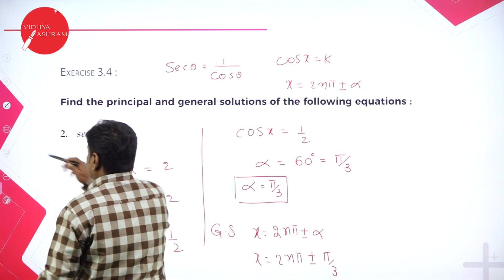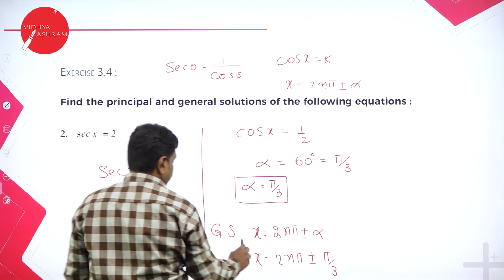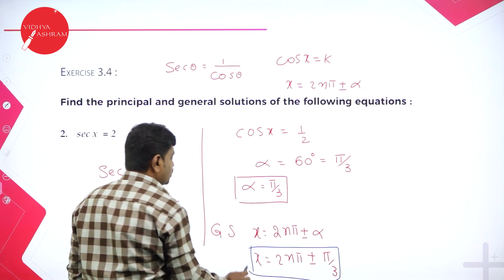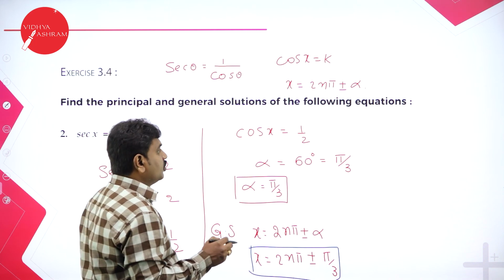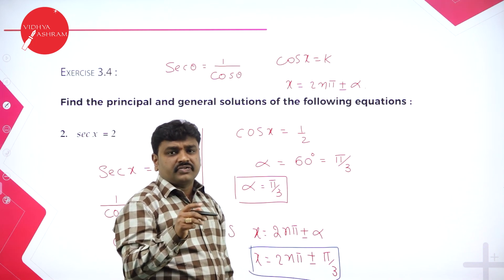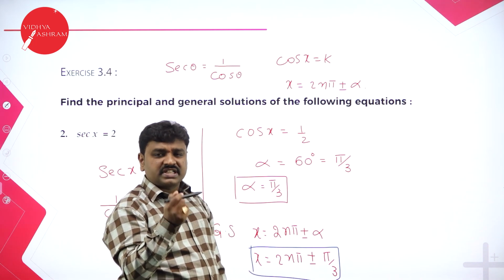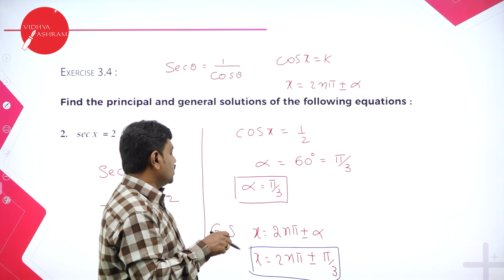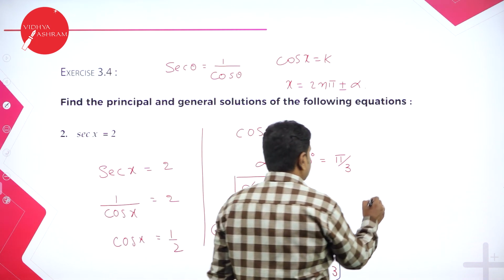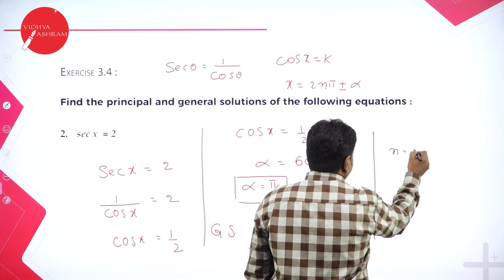So now we got one more solution. This is the general solution. They want the general solution, and also the principal value. All of you know the ASTC rule. Cos of 360 minus theta is also cos theta. So now I'll take n is equal to 1.